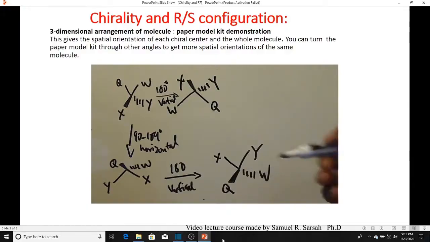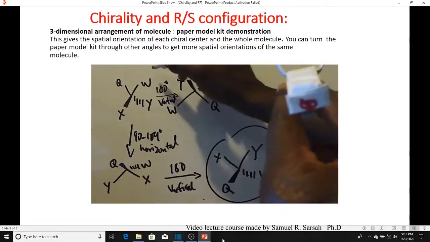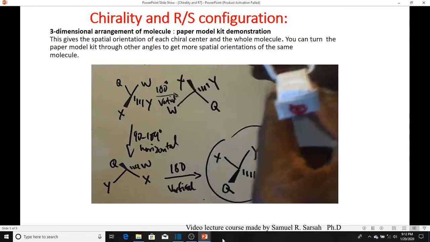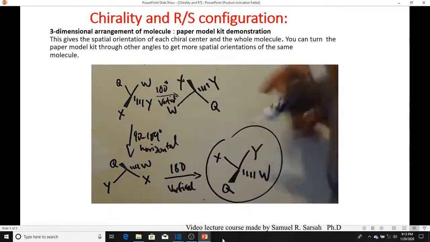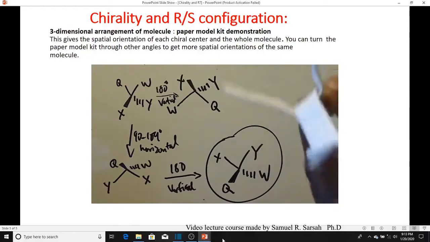So that's how that looks. So we can manipulate this, and all these are the same compound, just turned at different angles.